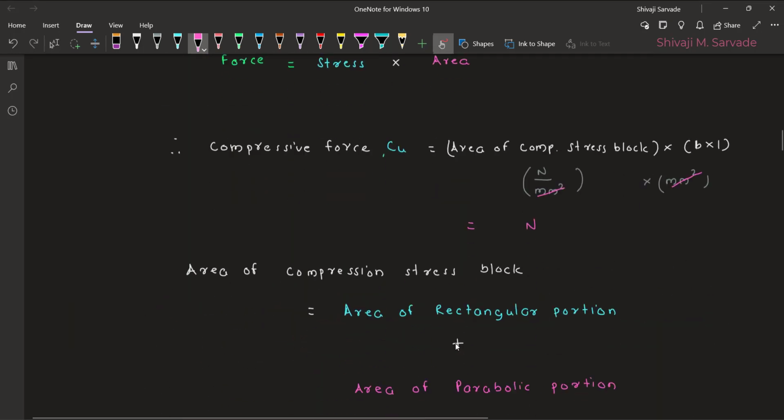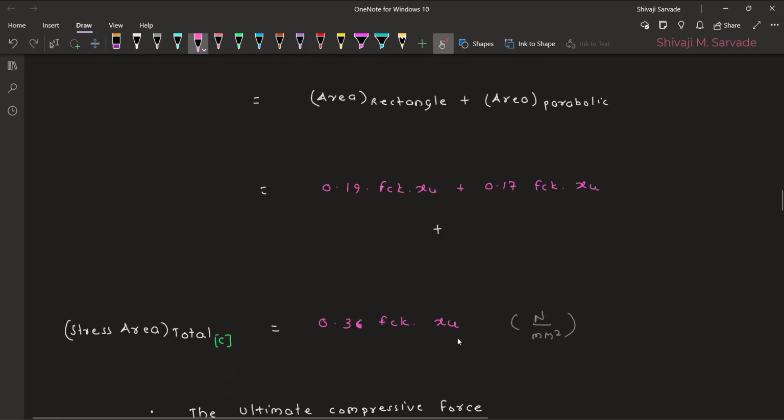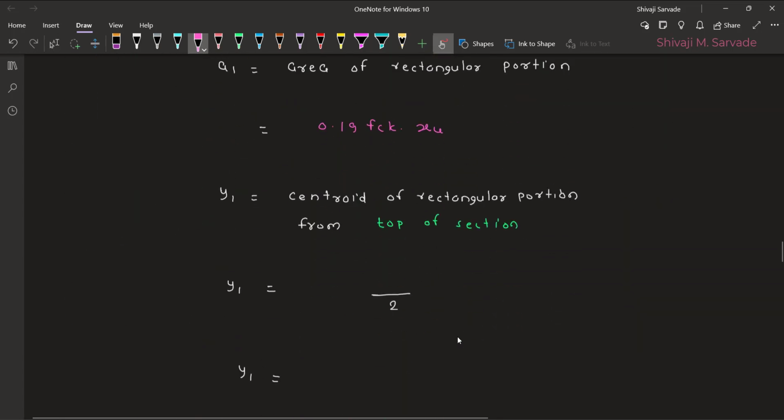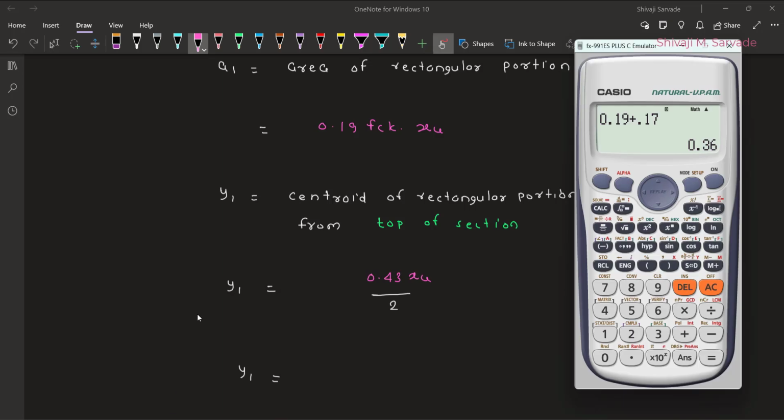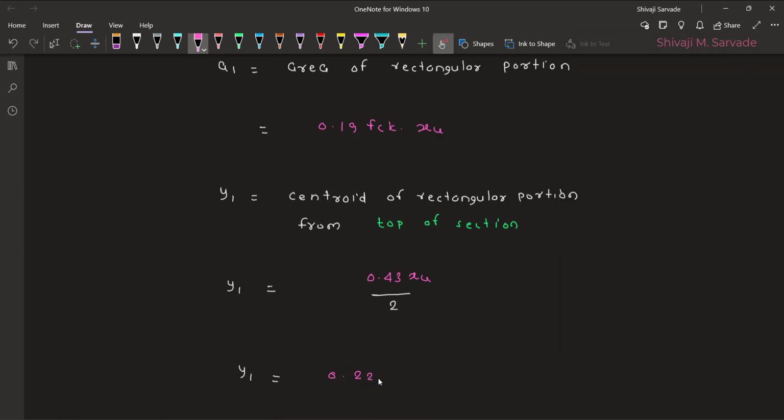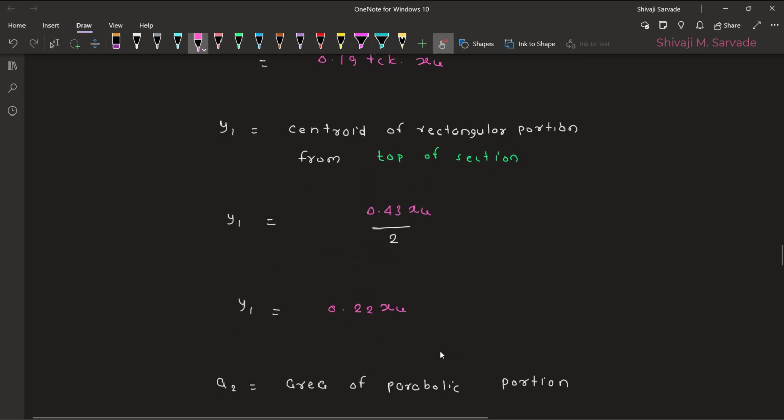So let's put the centroid for the rectangular portion as 0.43 XU divided by 2. 0.43 divided by 2 comes out to be 0.22 XU, so y1 is 0.22 XU.